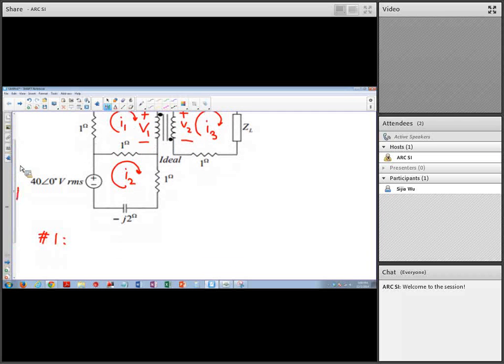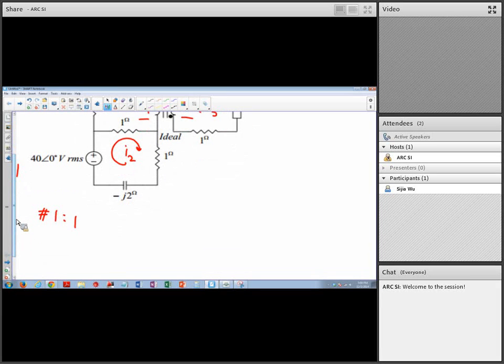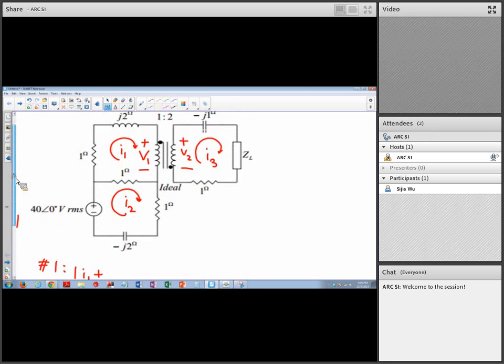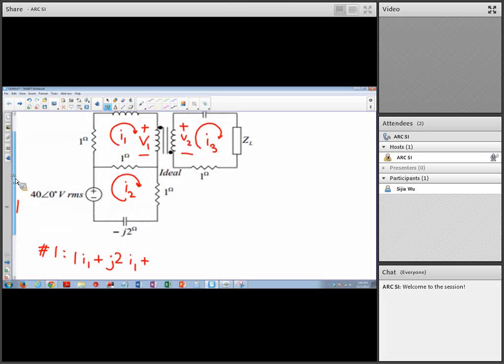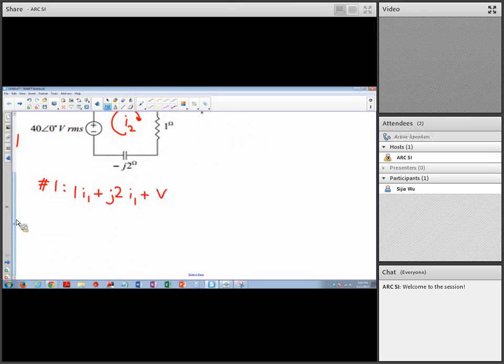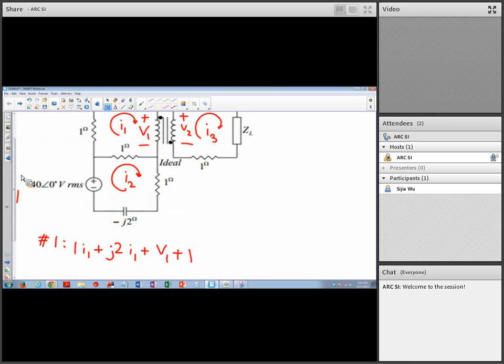I1 times 1, plus V1, plus 1 times 0. This is K1.